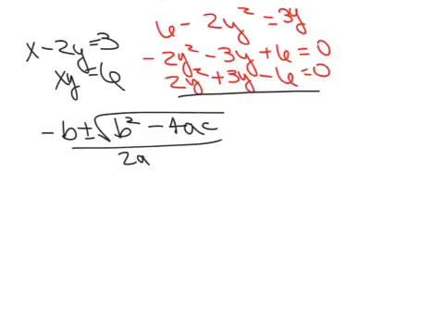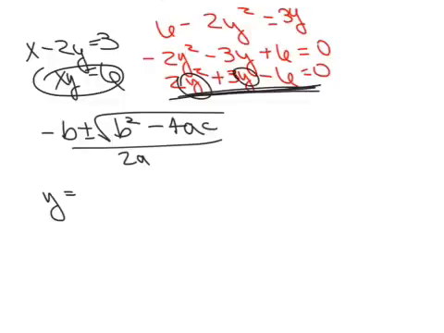Alright, so let's say that you are just really wicked smart and you can solve this by yourself. What we end up with is y equals, because remember we solved for y, this was x equals 6 over y, and so we're solving for y because that's what we have here.